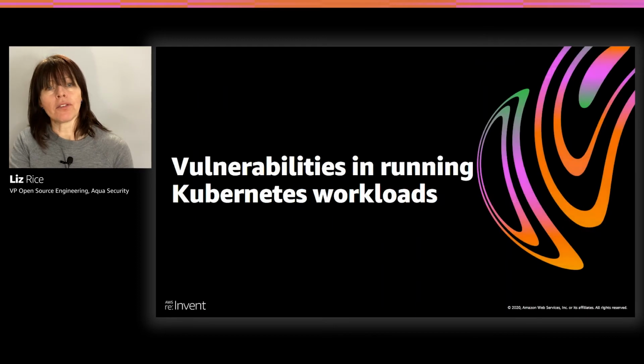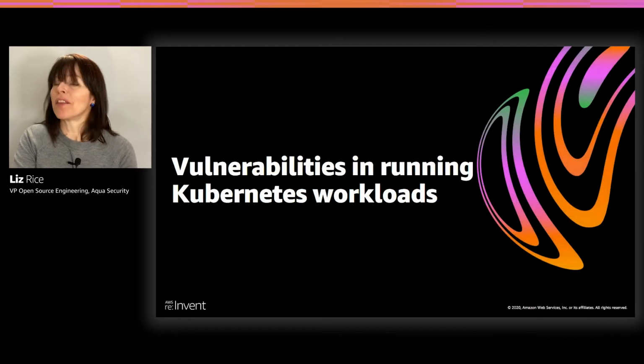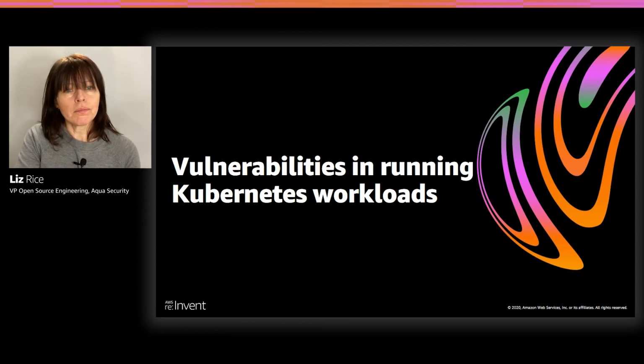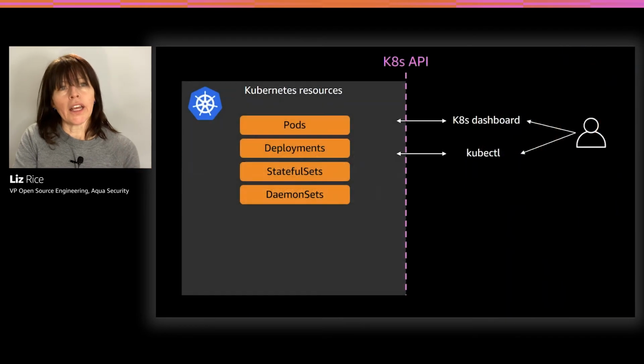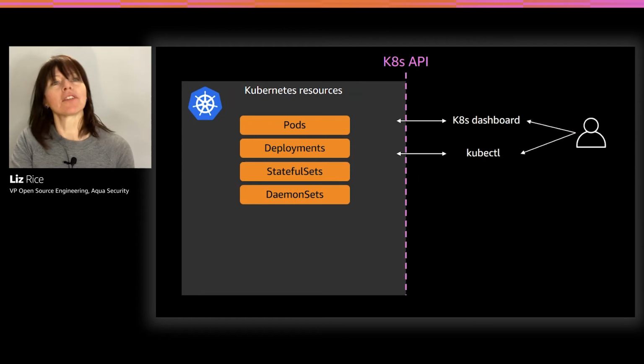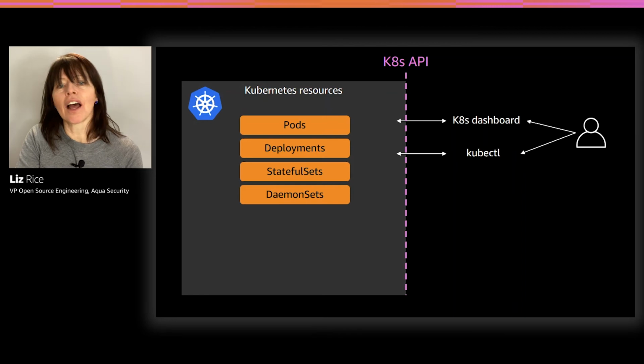Now, let's suppose your images passed the checks and they were deployed successfully into the Kubernetes cluster. Now they're running live, but what if you want to check for vulnerabilities in your running workloads? Typically, you have a Kubernetes user who's familiar with kubectl, maybe a Kubernetes dashboard, to examine what's happening in the Kubernetes cluster and make queries about running workloads.